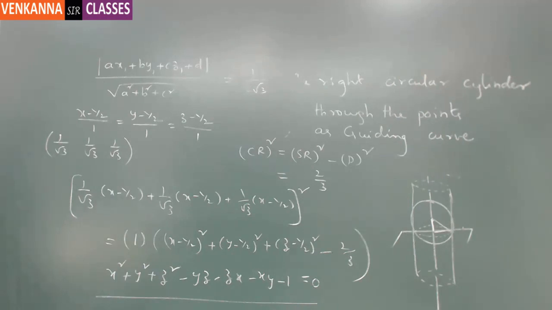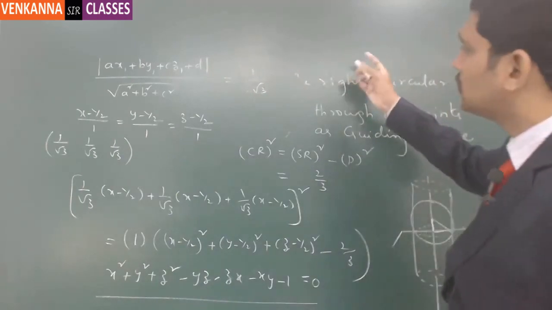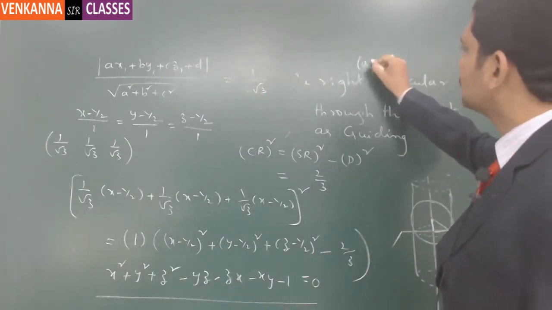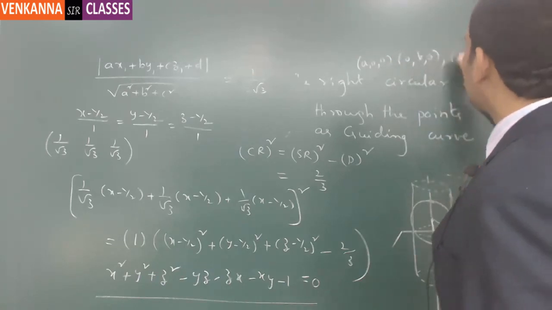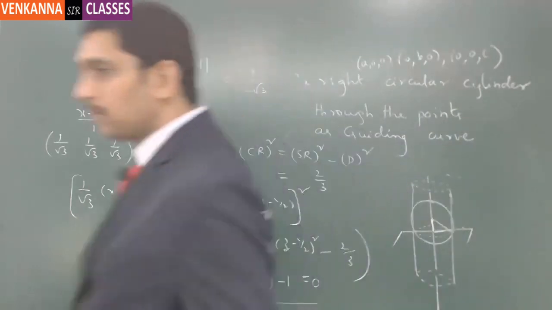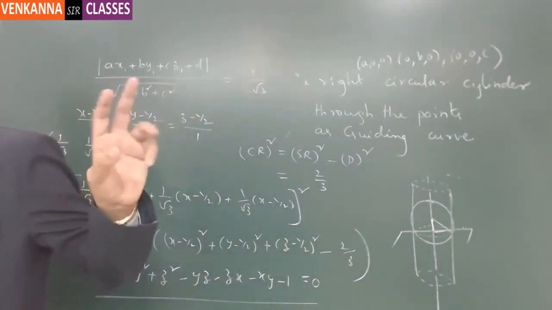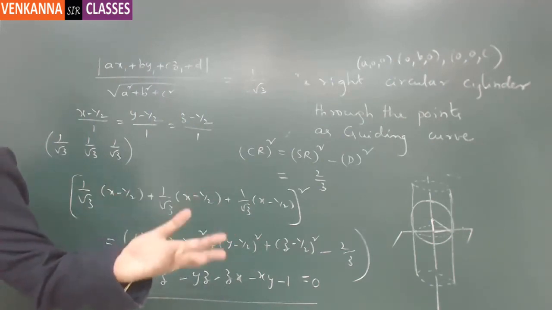Because these two are very similar models. I will say one more thing: the problem we have taken just now is given in another pattern, where apart from taking 1 0 0, he has taken the values as a 0 0, 0 b 0 and 0 0 c. So by taking these values as the points on the circle, calculate the equation of the right circular cylinder.